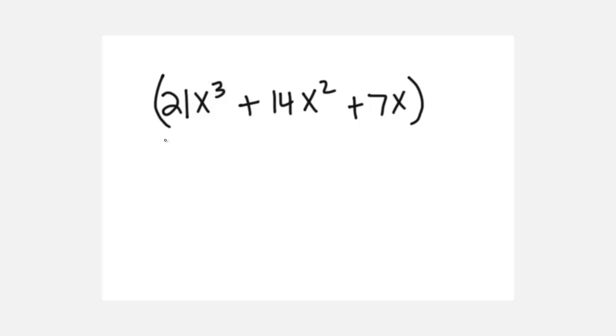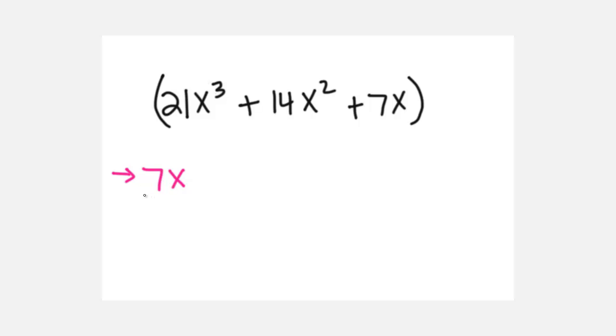Okay, we're down to the last problem here. So now we have this trinomial, which is 21x cubed plus 14x squared plus 7x. Again, we're thinking of the greatest common factor. And here we have a 7 that can go into the 21, the 14, and the 7. So we can pull that out. And we also have an x that goes into the x cubed evenly, the x squared, and the x itself.